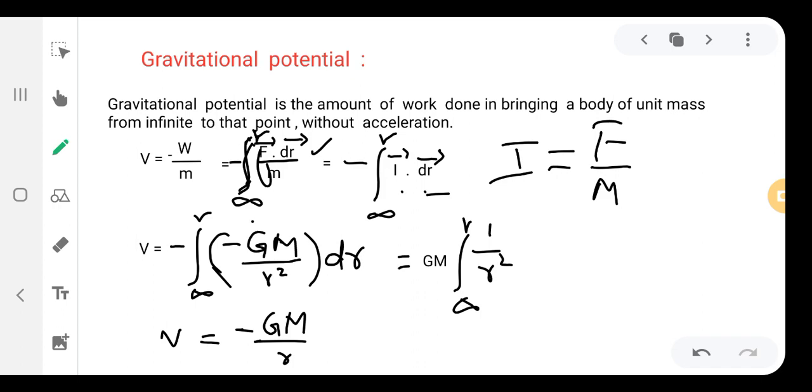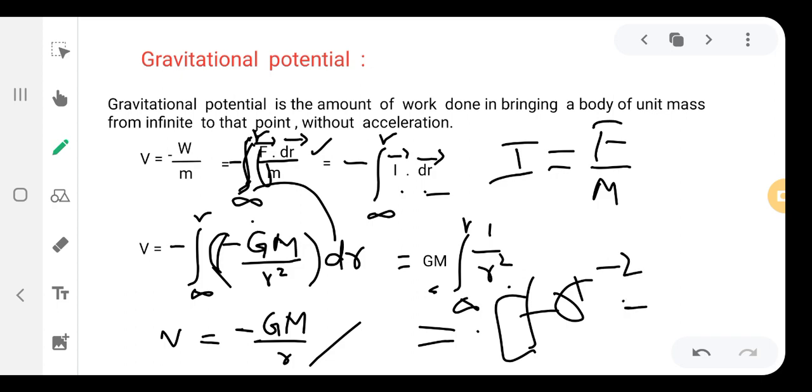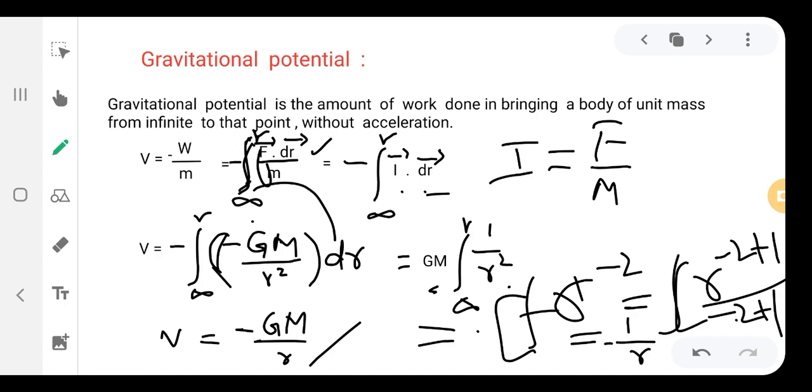Then we substitute for I for the solid mass: minus G M by r square into dr. G into M is constant, so we bring it outside, integrating 1 by r square between limits infinity to R. This integration gives r raised to minus 2 plus 1 divided by minus 2 plus 1, so it will be 1 upon R, minus 1 upon infinity.